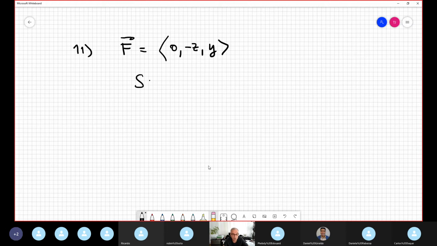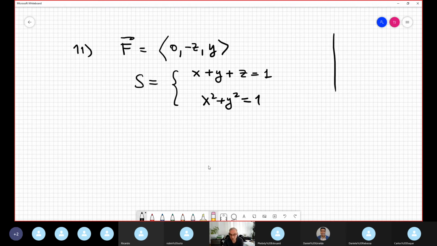And our famous surface is the intersection of one plane and one cylinder. You need to understand the surface.